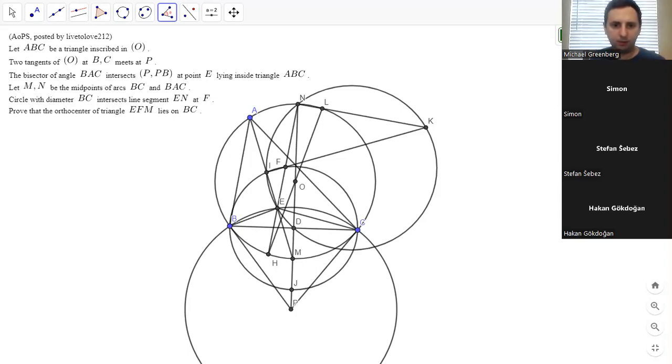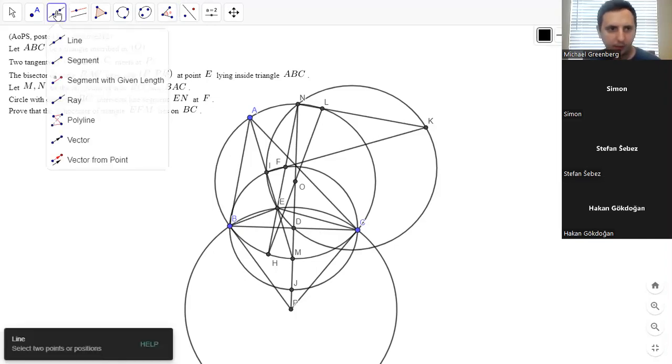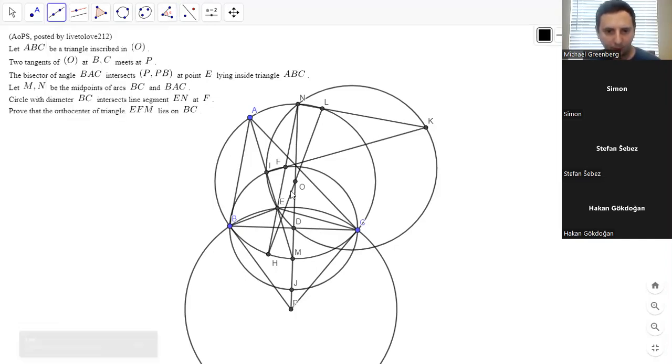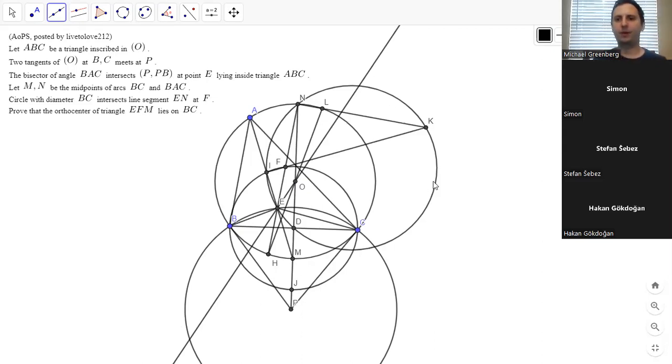So ED is the median, and so EO and ED are isogonal. We need to show EH and EM are isogonal, but D and M. Yeah. So we'll see if we can finish this after the session.